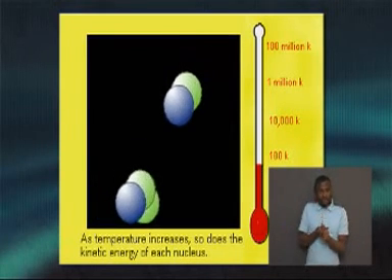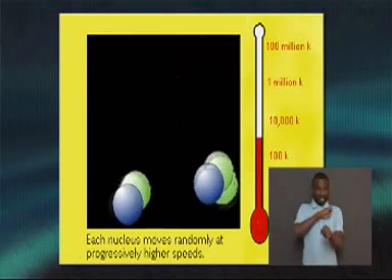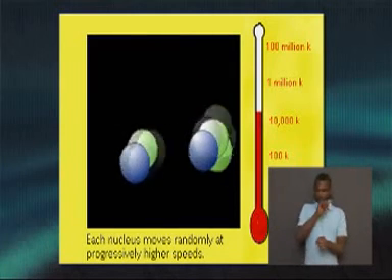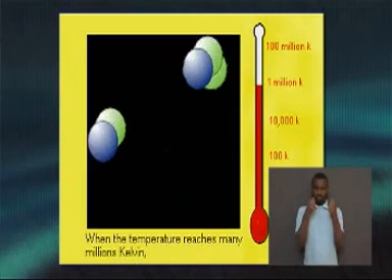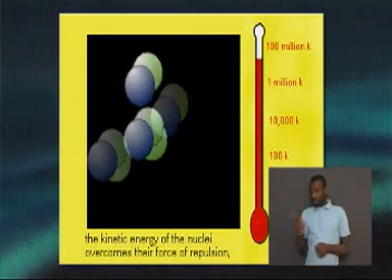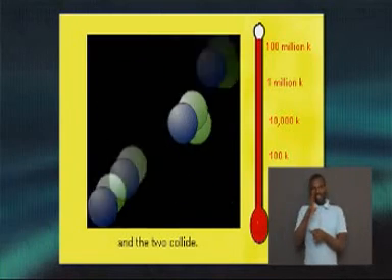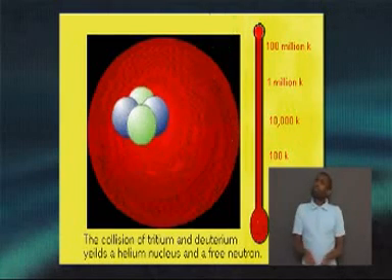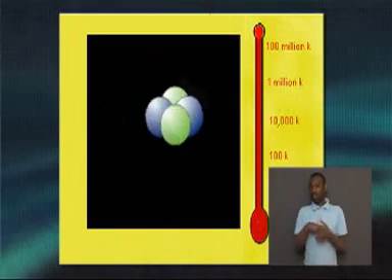When the temperature reaches many millions of degrees Kelvin, the kinetic energy of the nuclei overcomes their force of repulsion, and the two collide. The collision of tritium and deuterium yields a helium nucleus and a free neutron. It releases tremendous energy in the form of heat.